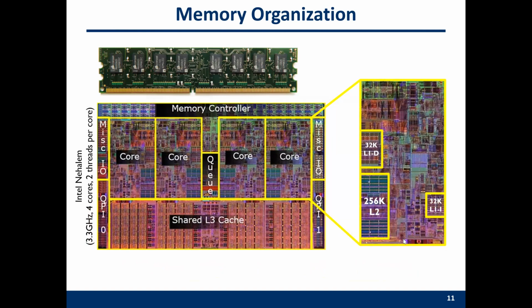And you can see that the cache area is actually very large on the modern chip. Even in the area of the core, you still have a significant area for the L1 cache and the L2 cache.